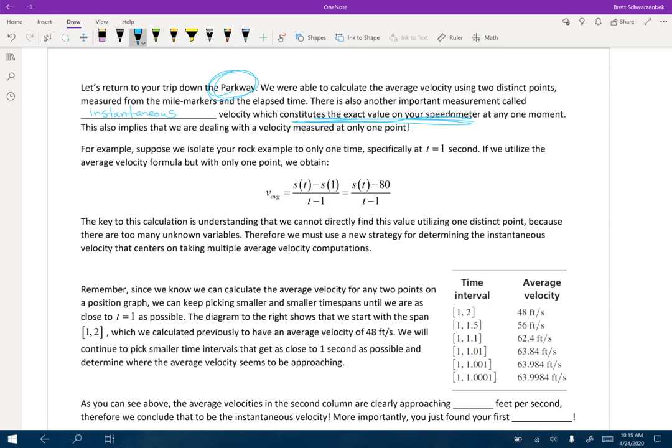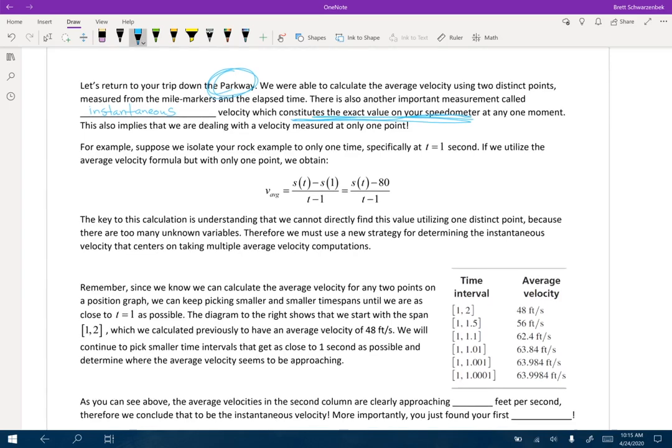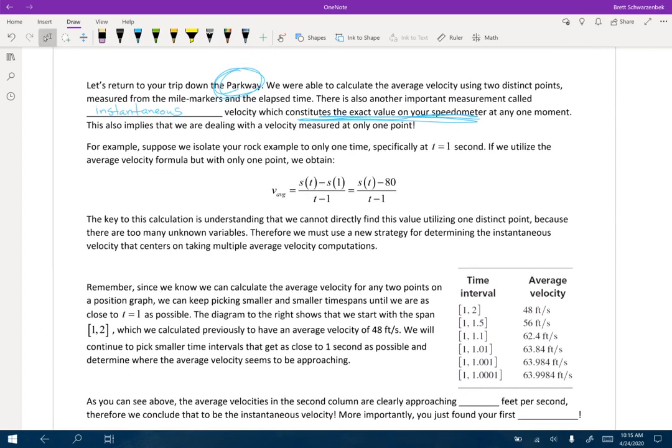Believe it or not, that is also a very important type of velocity that we'll be dealing with. Now, here's the issue. Let's say we took our average velocity and we tried to use it to calculate instantaneous velocity.